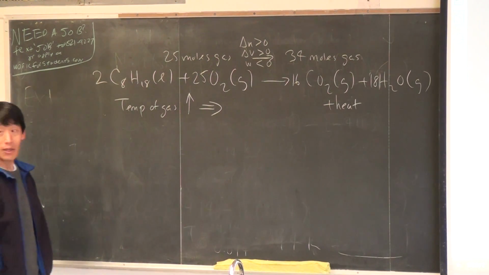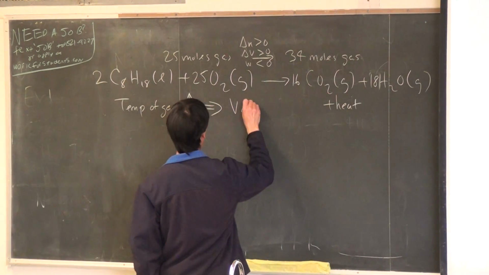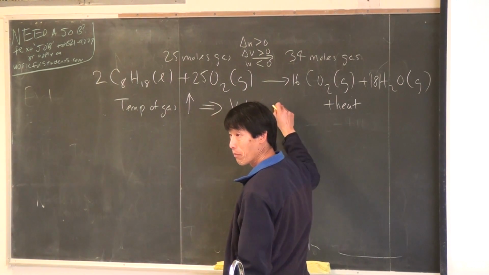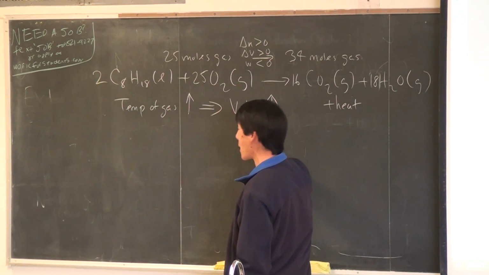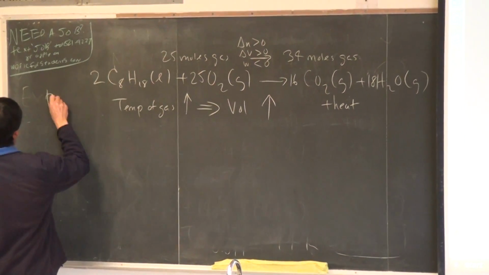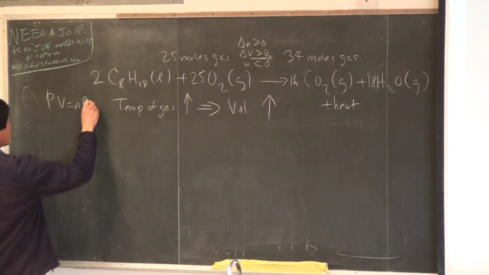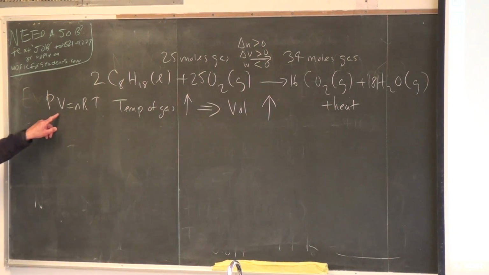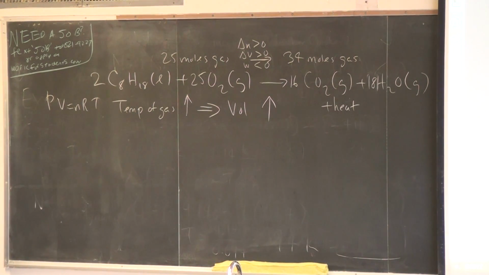It should increase too. This is based on the ideal gas equation, PV equals nRT. As the temperature increases, the volume should increase. This also tells us that we should see an expansion.